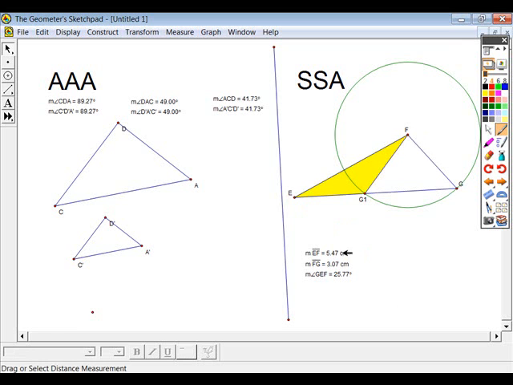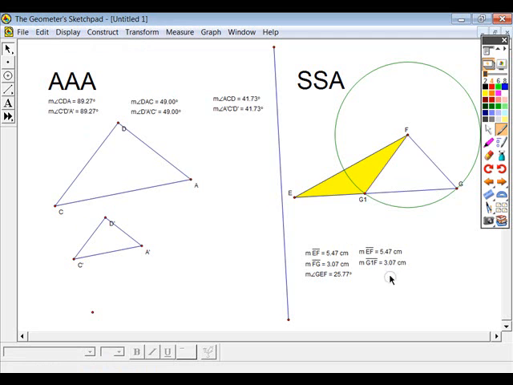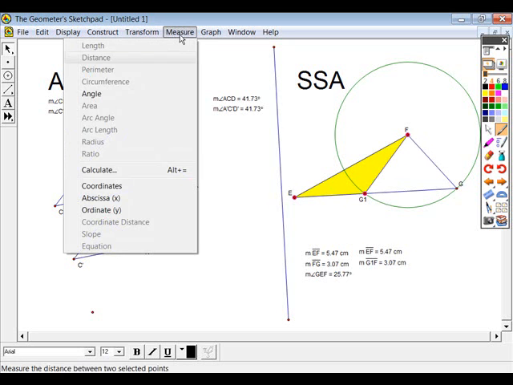Okay, so the yellow triangle still has the same distance EF. I can measure that. It's still, in my case, 5.47. It has the same distance from F to G, in this case G1, and then it still has the same angle GEF as well.